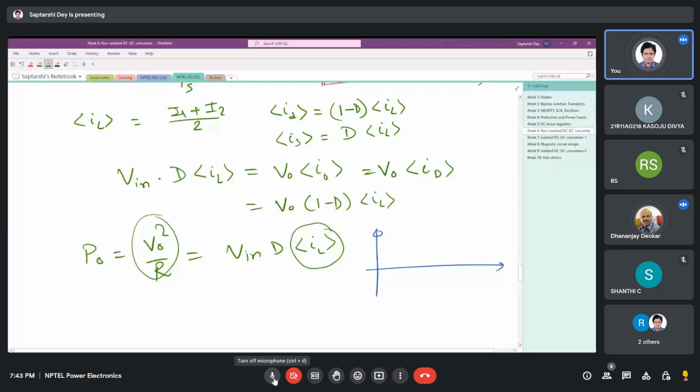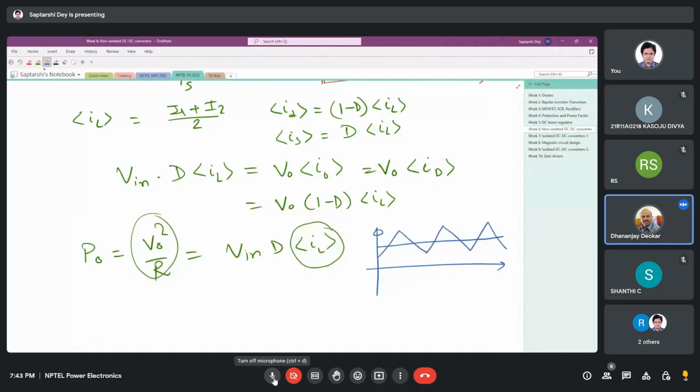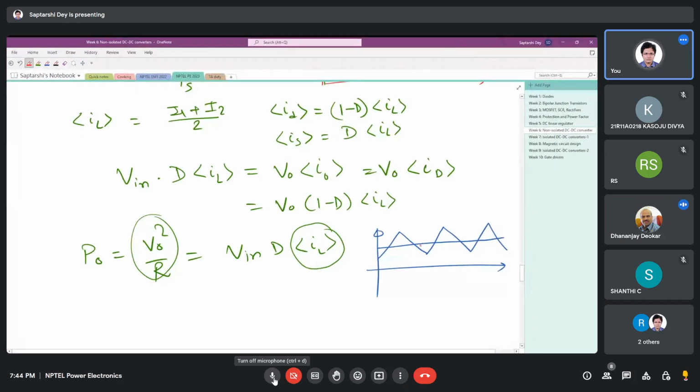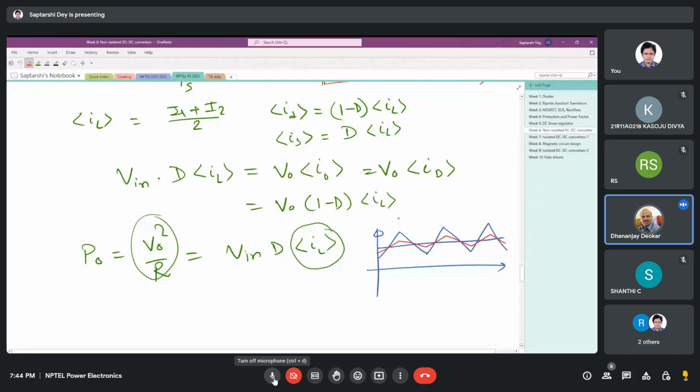So if this is the inductor current, the average will depend on the load. If you increase the value of the inductor, the inductor current will become like this. If you reduce the value of the inductor, the inductor current will become like this.